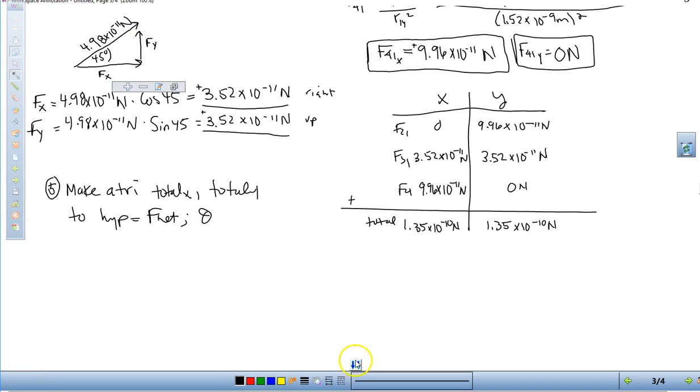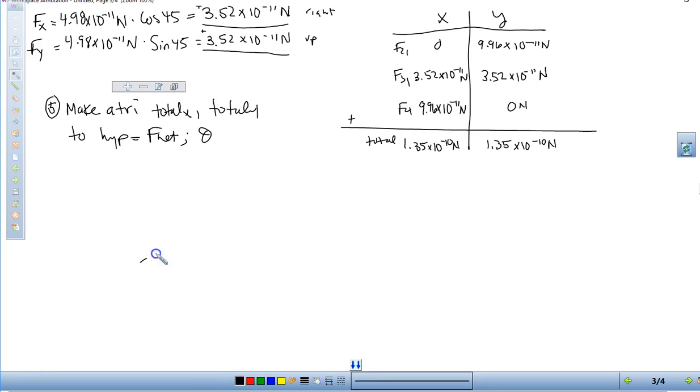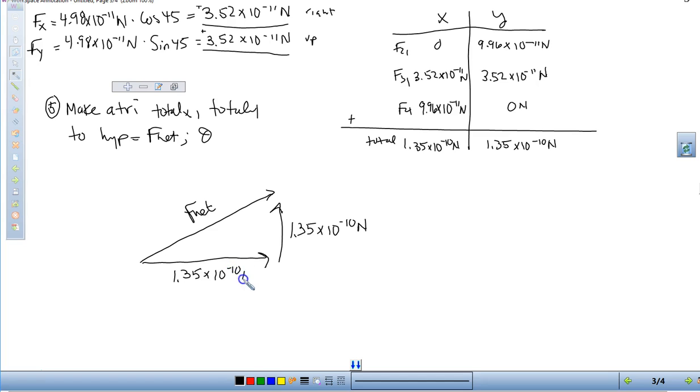So that's my final step here. F net is what I'm finding. And we have the legs of this triangle. Okay, so I'm finding the hypotenuse.